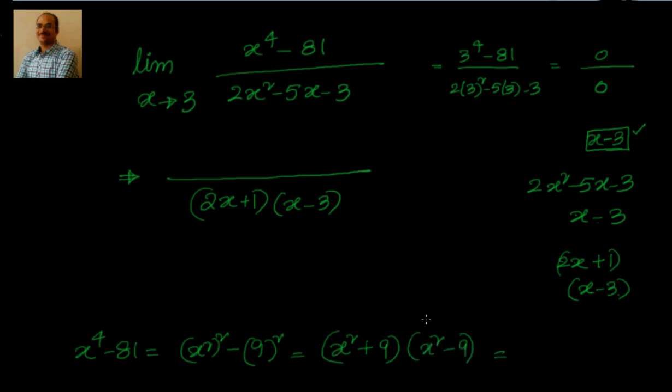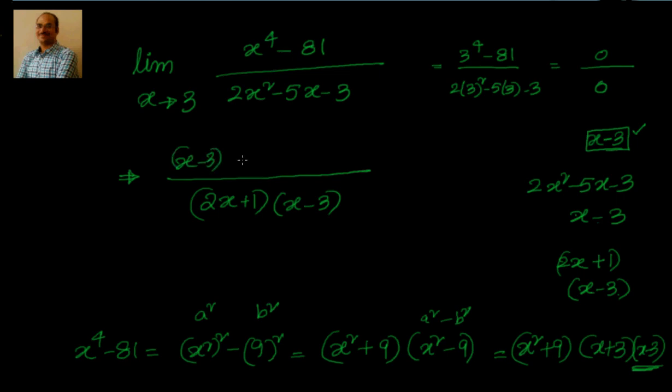But x square minus 9 is again in the form of a square minus b square. So again I can write it as x square plus 9 into x plus 3 into x minus 3. So you can see this is what we are interested in, to get x minus 3 as a factor. So now I can write this as x minus 3 into x plus 3 into x square plus 9.